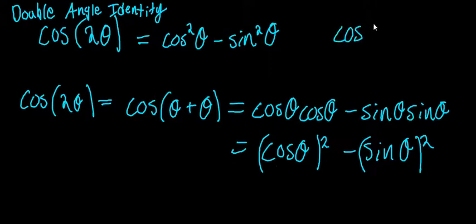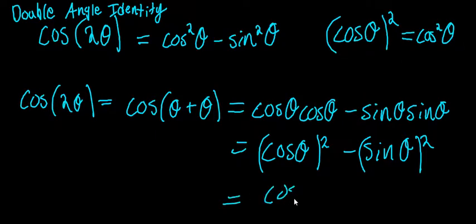For shorthand, instead of having to write these parentheses, we usually rewrite this as cosine squared theta. These two are the same thing. So this is equal to cosine squared of theta minus sine squared of theta.